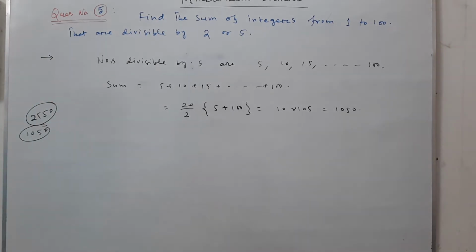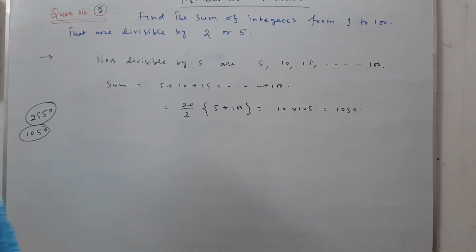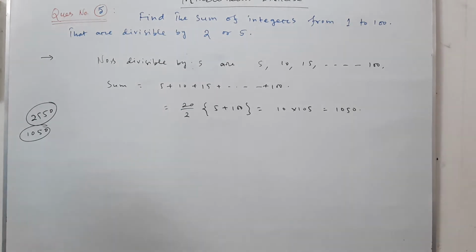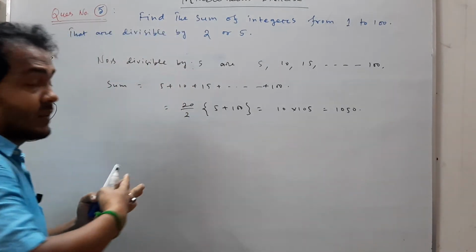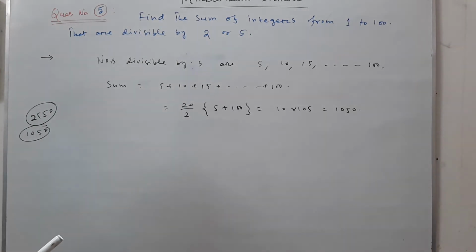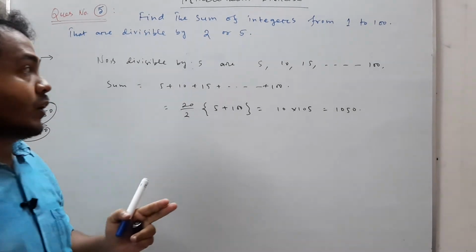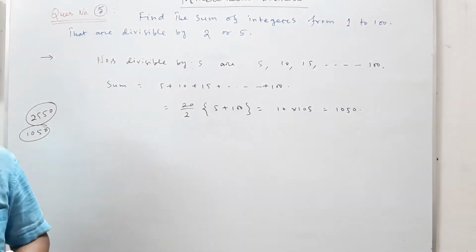Now we consider those numbers which are divisible by both 2 and 5. Out of these numbers, there are some integers from 1 to 100 which are divisible by both 2 and 5.